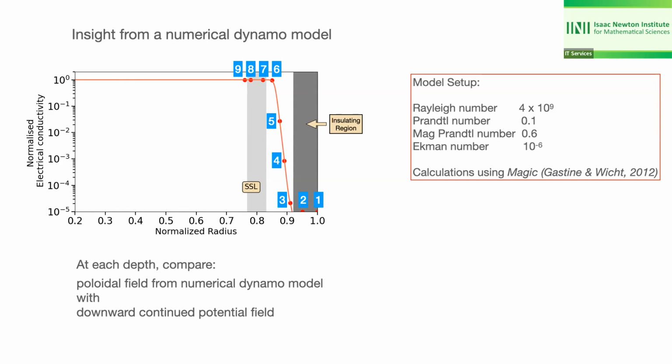Here's our model setup. I don't think that's actually particularly important to this story. So what I've done here is to take the magnetic field output at the top of some insulating region. Obviously, I could have taken it at the bottom of that insulating region equally well.